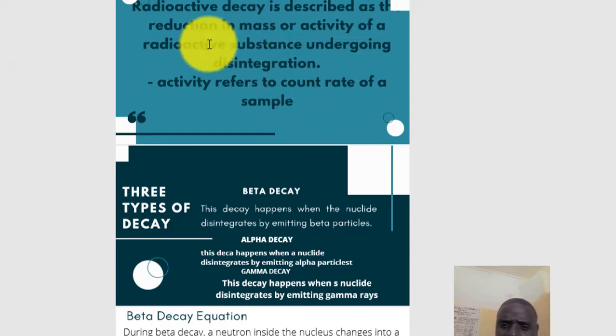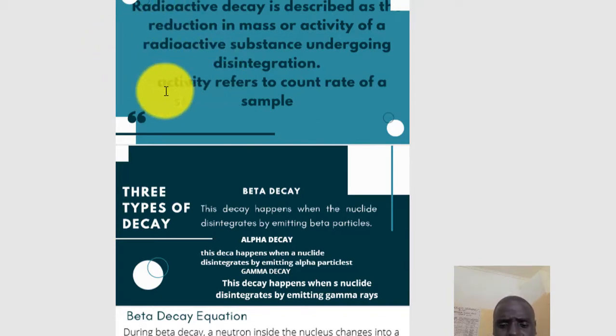It may not just be in terms of reduction in mass, because some radioactive decay may involve not really the releasing of particles, but instead just the release of energy in form of electromagnetic wave, which is gamma ray. In that case, still there will be reduction in activity of a material.